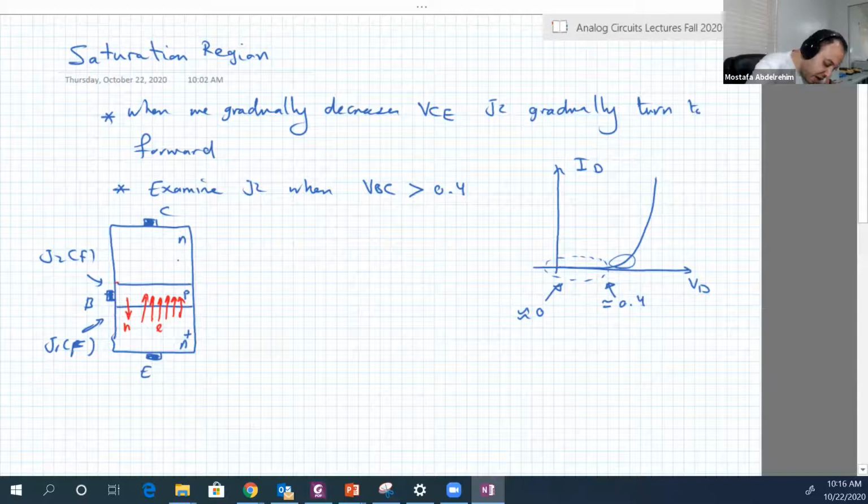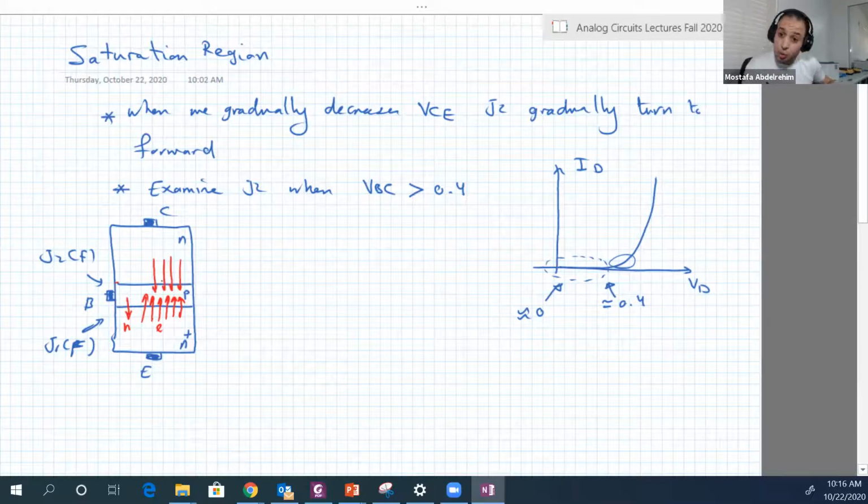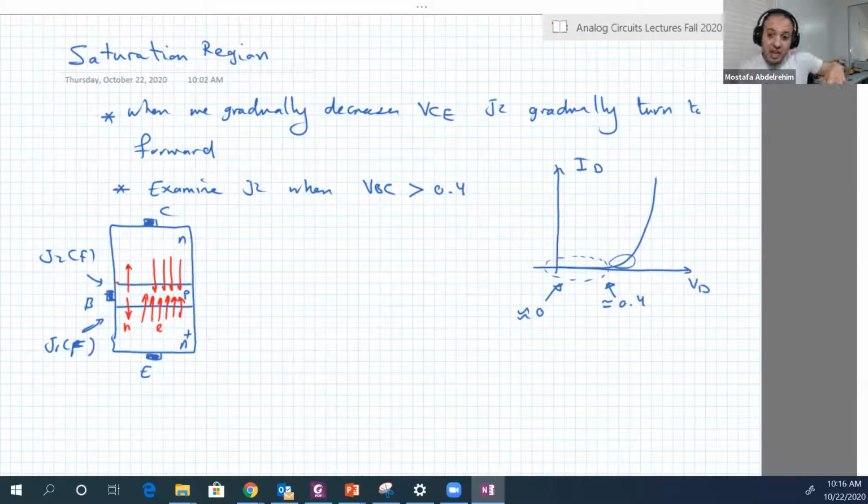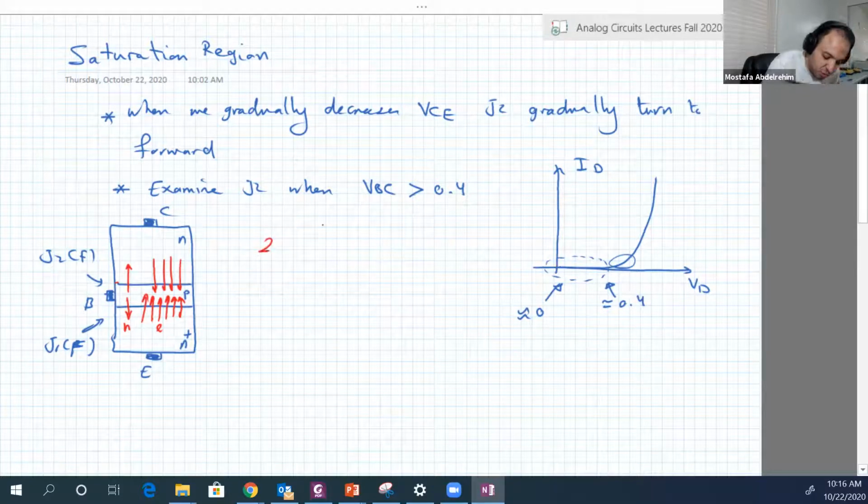So there will also be electrons coming from the collector to the base, and also holes going from the base to the collector. So let's see what will be the implication of that. There are two consequences.